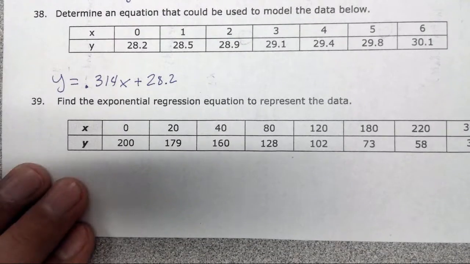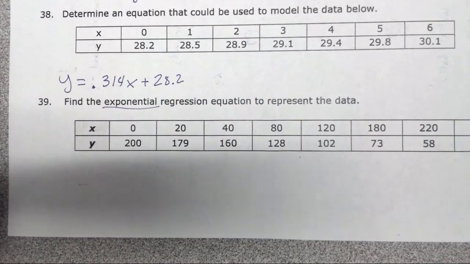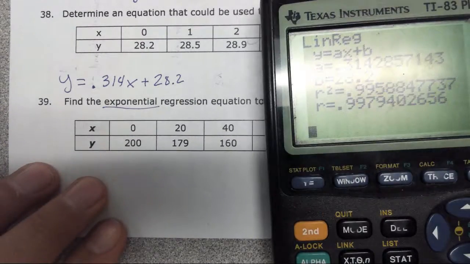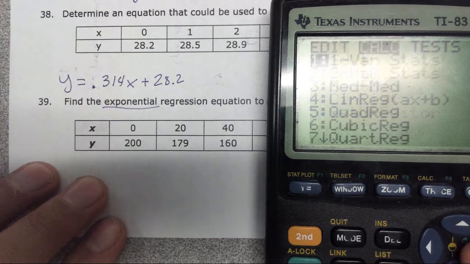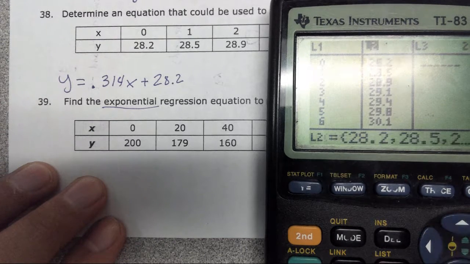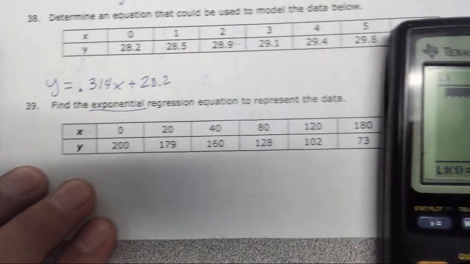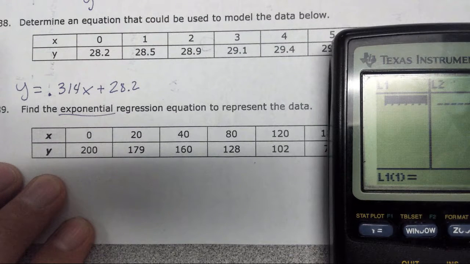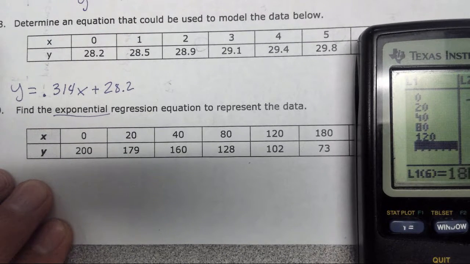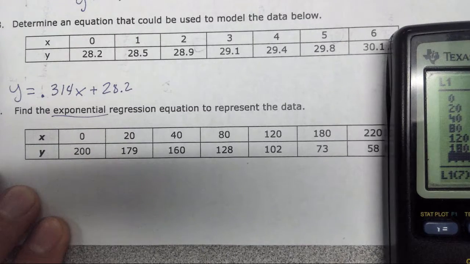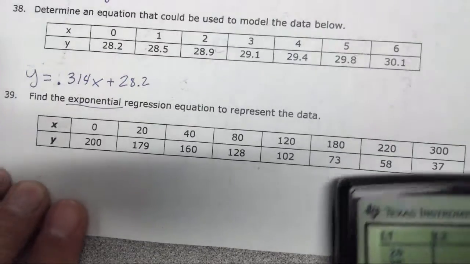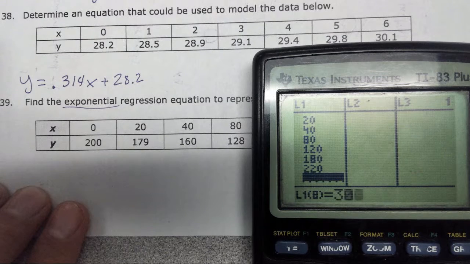Now 39 tells us what to use. Exponential regression. Find the exponential regression equation to represent the data. So you go in here, stat, enter, clear your data from before, and let's go ahead and put it in. That's going to be 0, 20, 40, 80, 120, 180, 220, and 300.